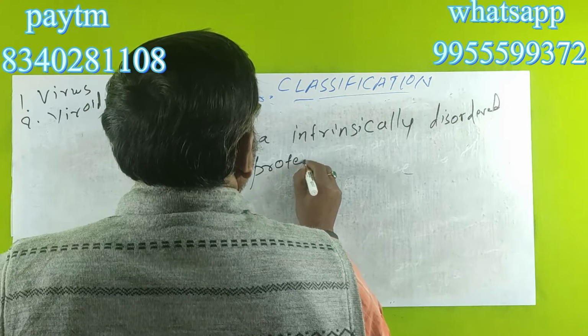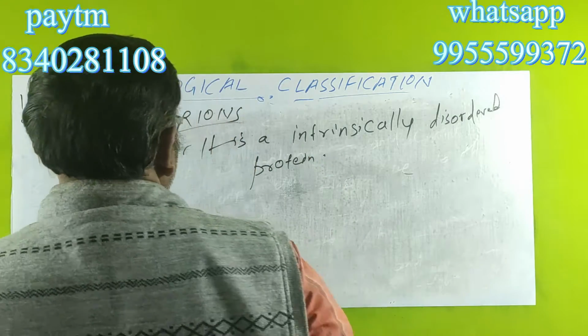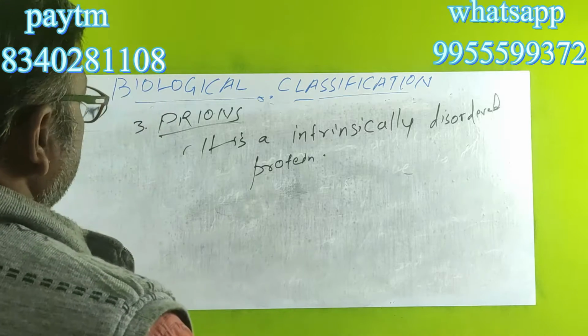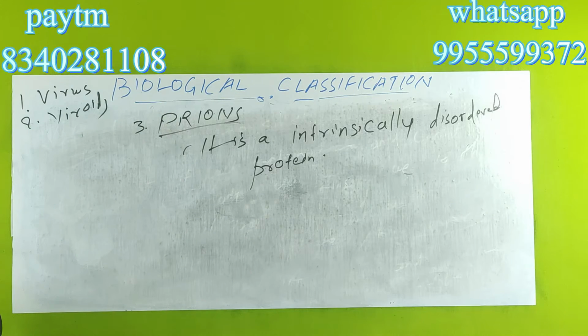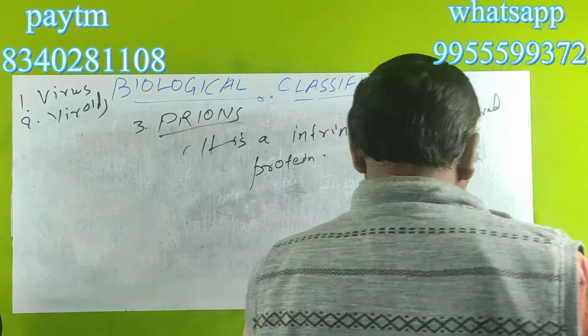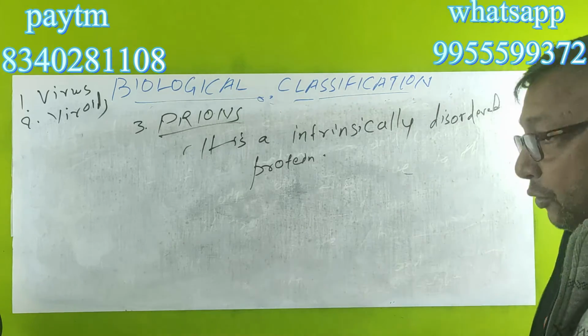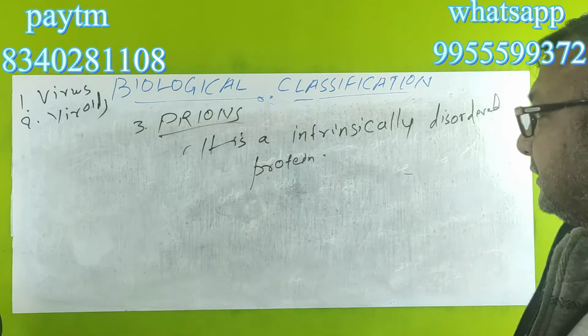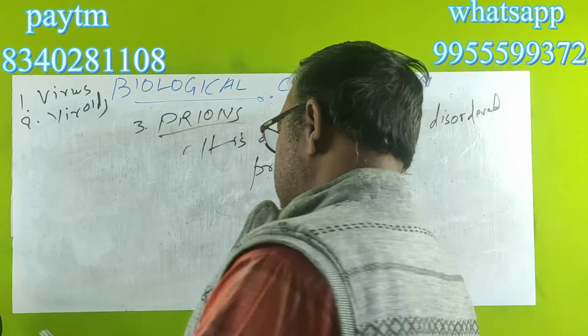What is this prions? Prions are intrinsically disordered proteins. What does that mean? It affects our neurons, prions directly affect our neurons.